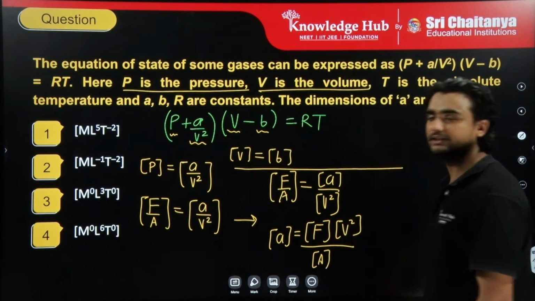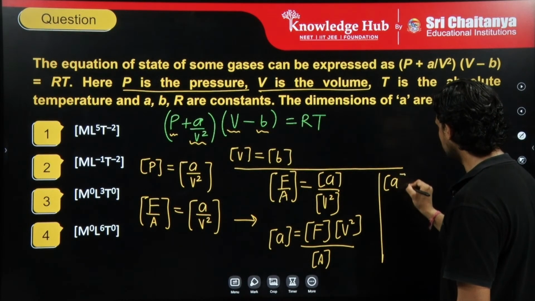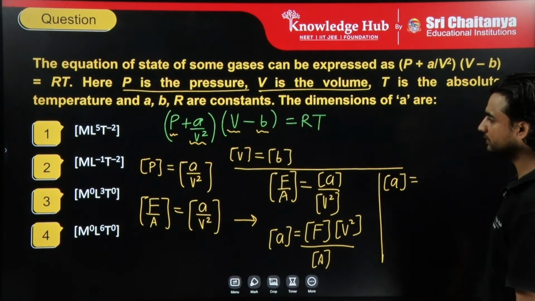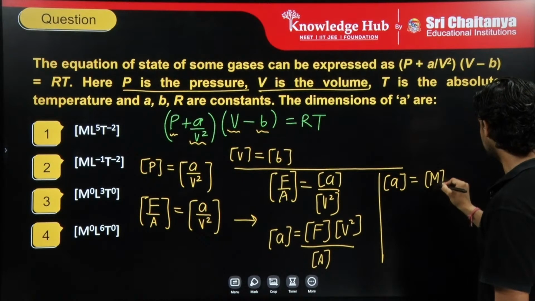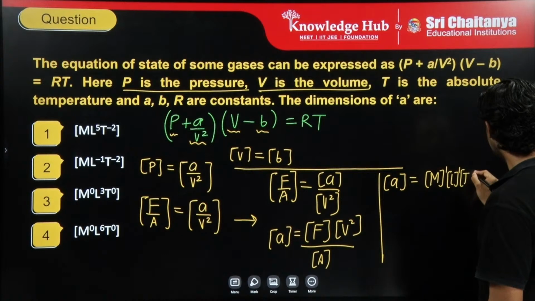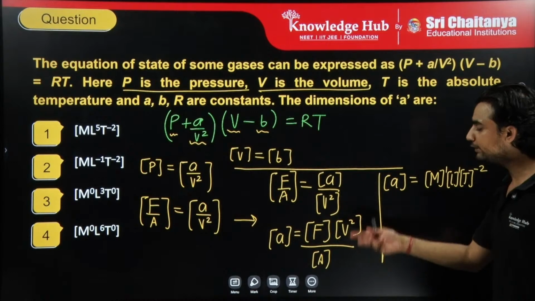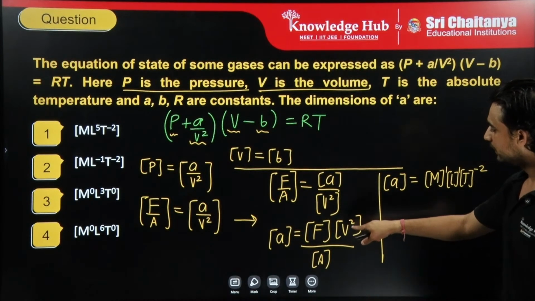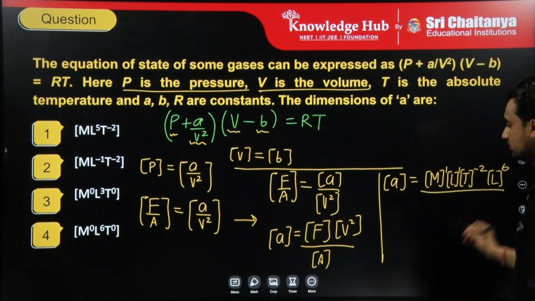Now this V is not velocity, this is volume. So from here I get the dimension of A is equal to, now what is the dimension of force? The dimension of force is M L T minus 2. So M raised to 1, L raised to 1 and T raised to minus 2, into volume. Volume is L cube, and this is squared, so this will become L raised to 6, upon area.